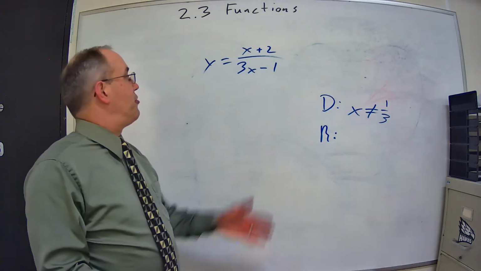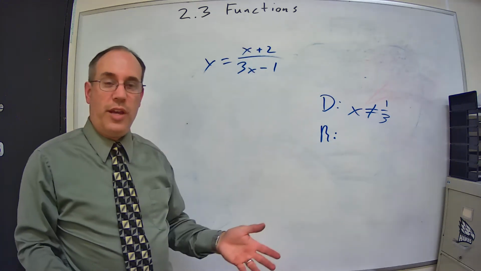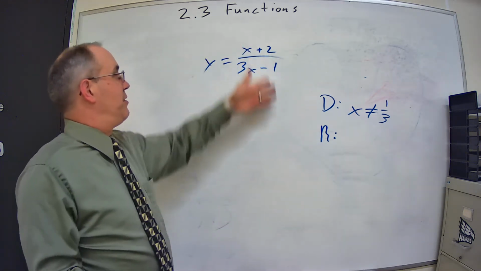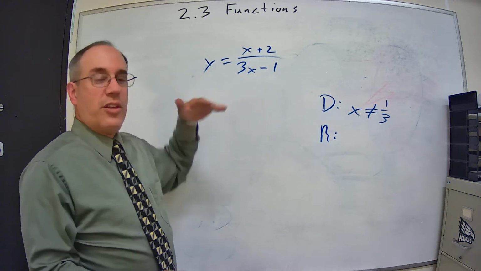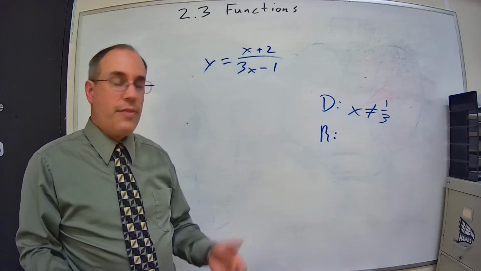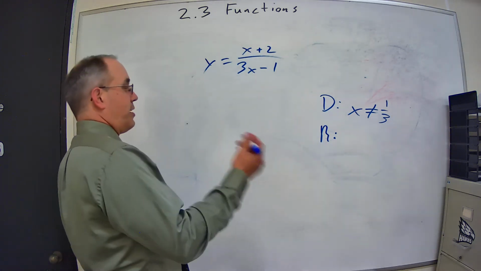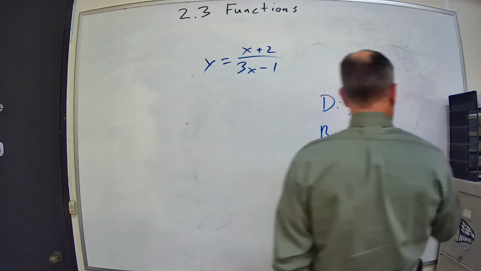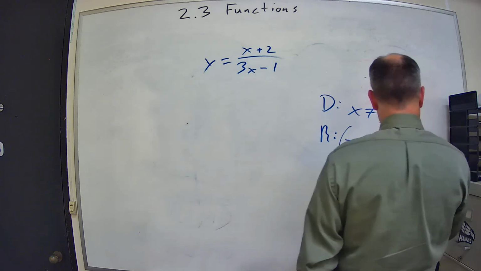So the problem is, what happens in between? Where is there a value? What is the limit there? What's going on there? So we know that it's going to go to negative infinity, and we know it's going to go to positive infinity.